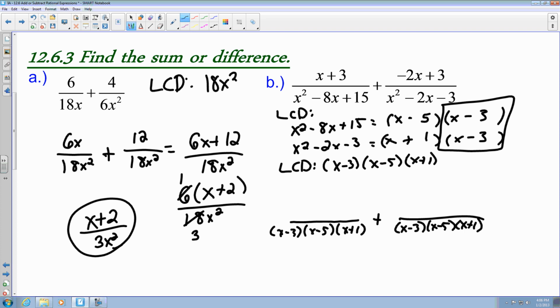So if we multiply by an x plus 1 in the denominator, we must multiply by an x plus 1 in the numerator. And in the second equation, I got 2x plus 3, and we added an x minus 5.